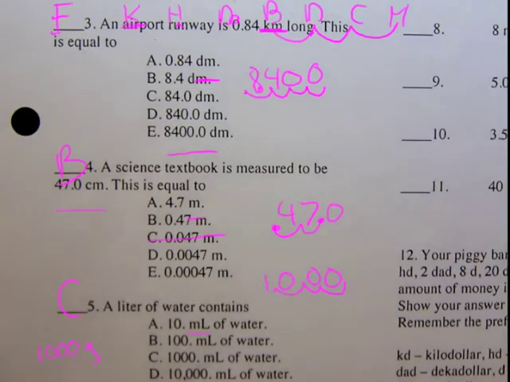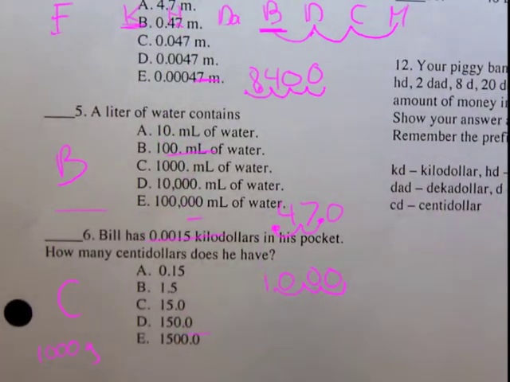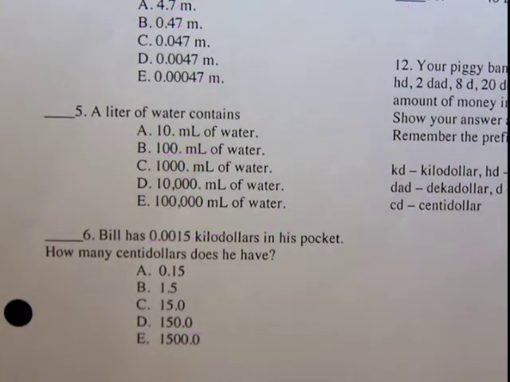So let's look over at number 6 now. And so this comes from our metric money activity that we were doing. So King Henry died by drinking chocolate milk. And I have 0.0015 kilodollars. I want to know how many centidollars.